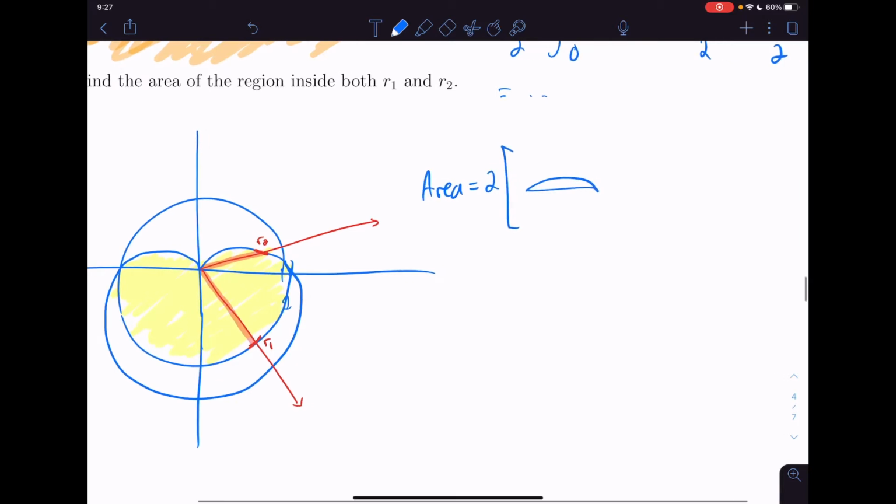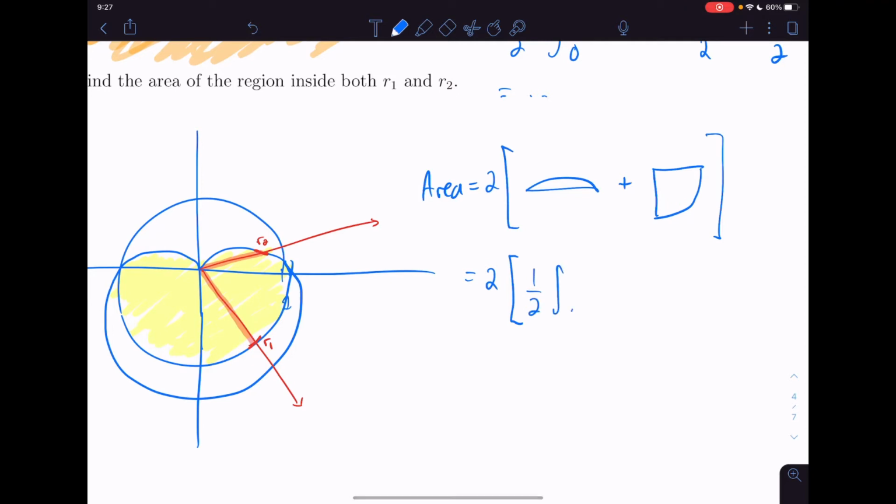That's the upper semicircle plus the lower quadrant, where here we're going to get 2 times the upper semicircle is 1/2 times the integral from 0 to pi over 2 of R2 squared d theta, and the lower quadrant is 1/2 times the integral from 0 to pi over 2 of just R1 squared d theta. And then you'd have to compute these separately.